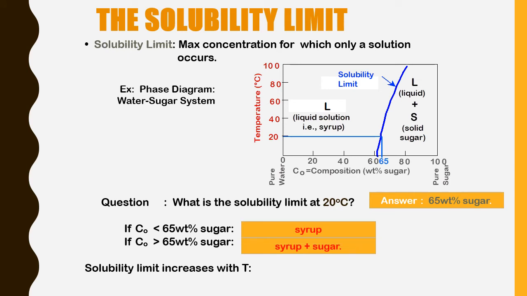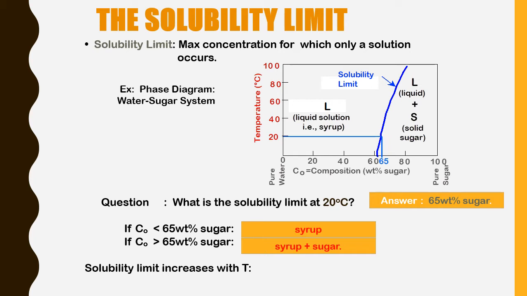Now, let us answer this question. If the composition of sugar is more than 65%, what is the solution that occurs? So look at this one. At 20 degrees C, if it is more than 65, the phase that can occur is liquid plus solid.